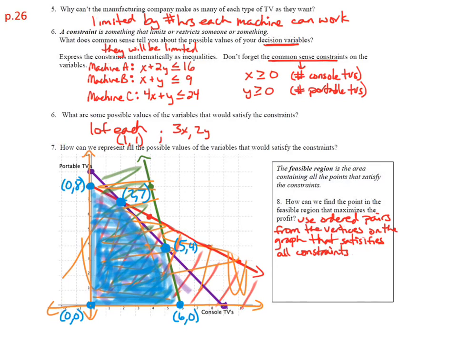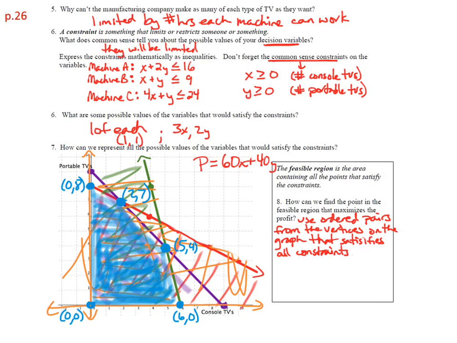Alright, so remember that profit equation that we wrote? Our objective function we said was P equals 60x plus 40y. So we're going to use that with each of our vertices and see what we get.